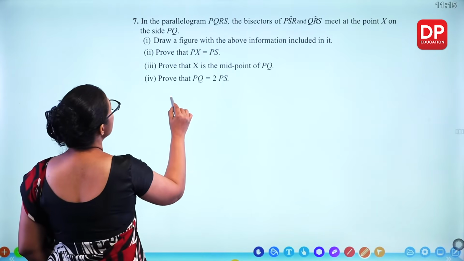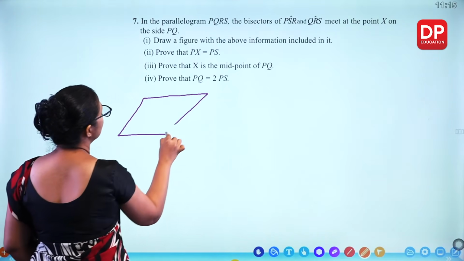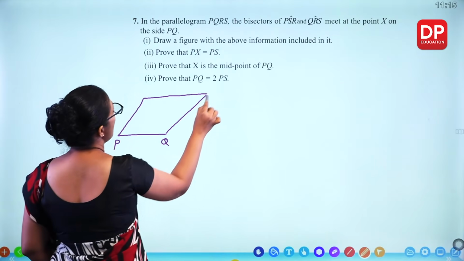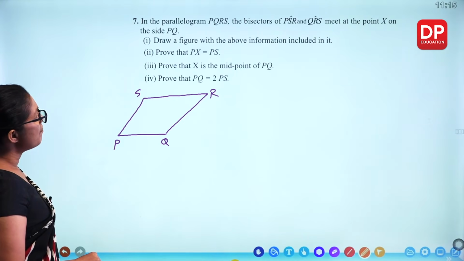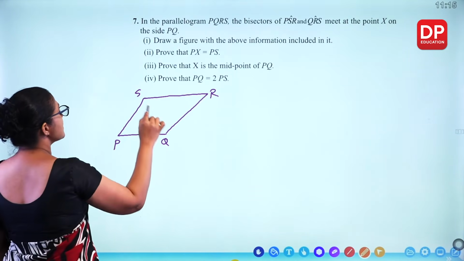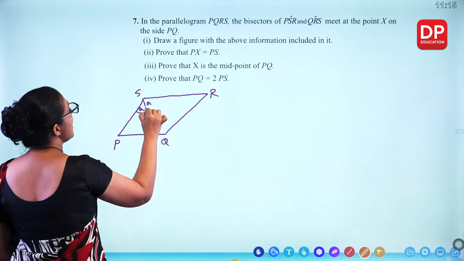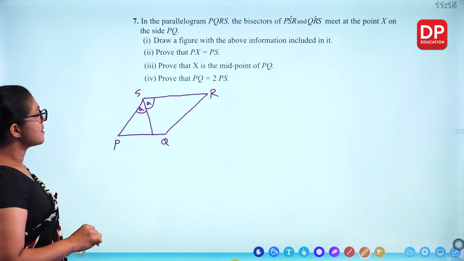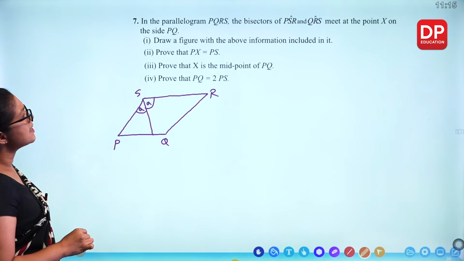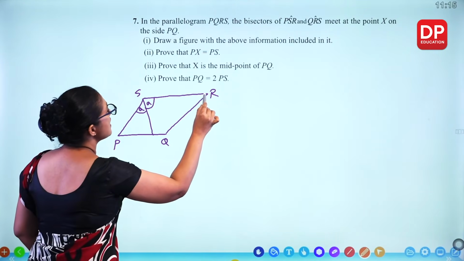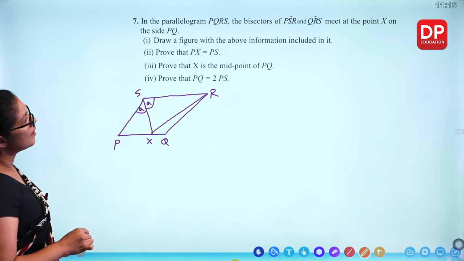In the parallelogram PQRS, the bisectors of PSR, I'll take bisector means angle divided into equal parts, and QRS bisector meet at point X. So this is point X on side PQ.